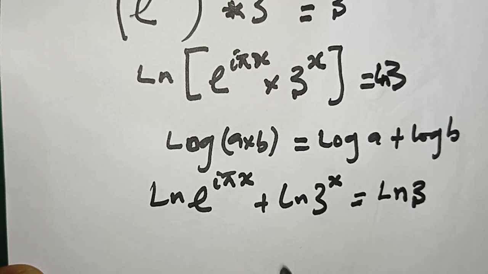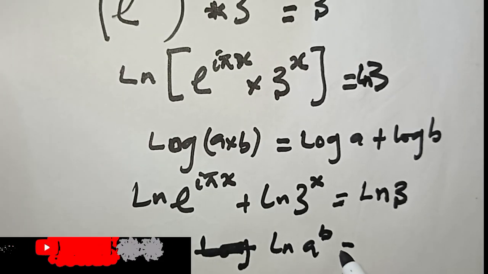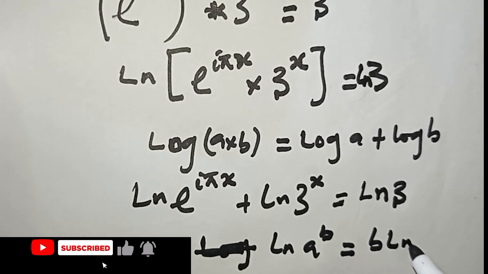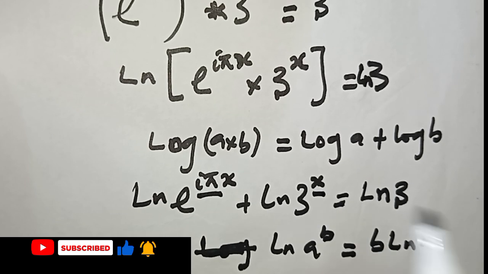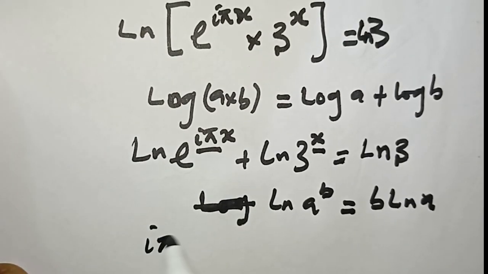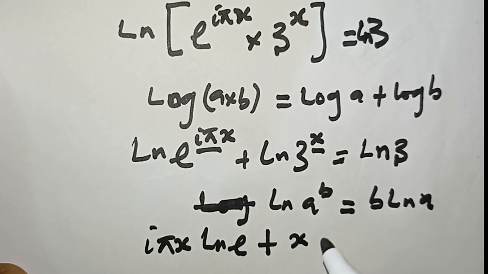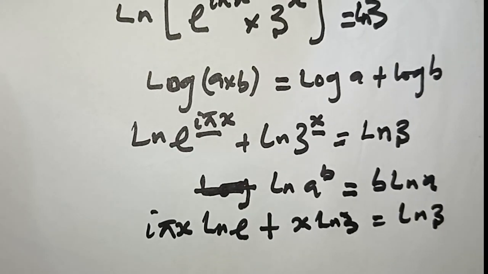Of course, you know that the natural log of a^b can be written as b multiplied by the natural log of a, so I can bring down all of these powers. Now I'm going to have i pi x multiplied by the natural log of e, plus x multiplied by the natural log of 3, and this is equal to the natural log of 3. That's what I have at this point.